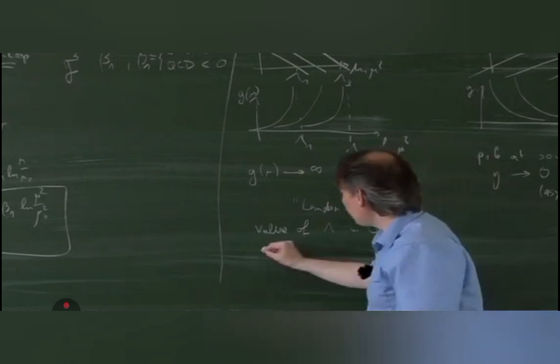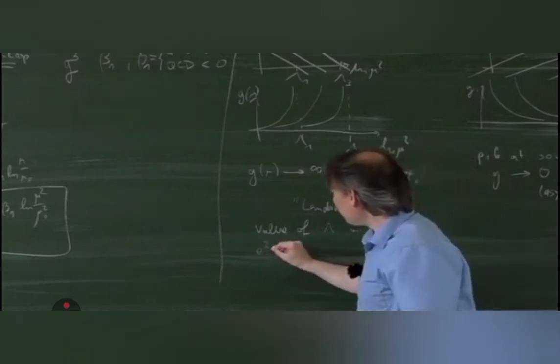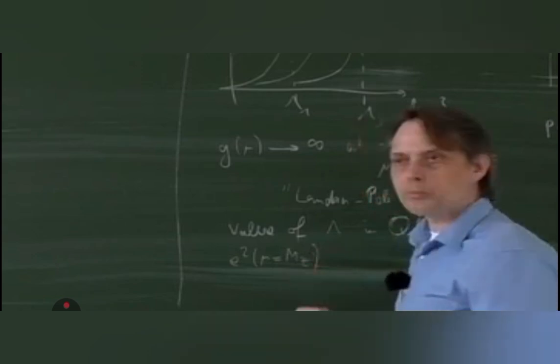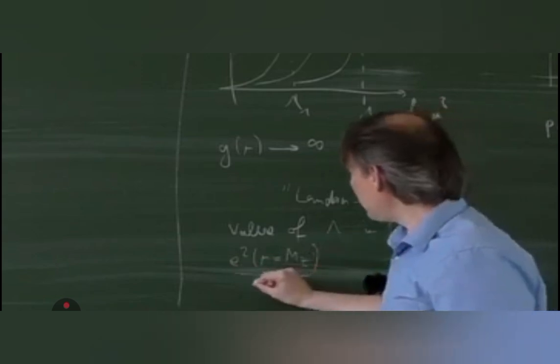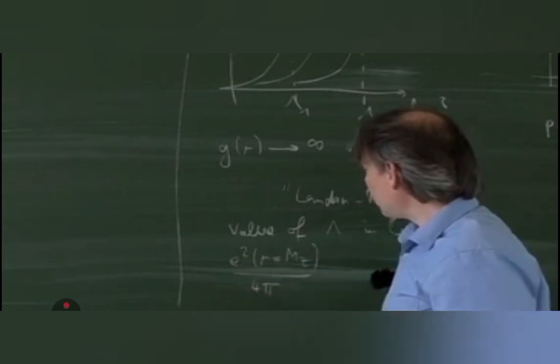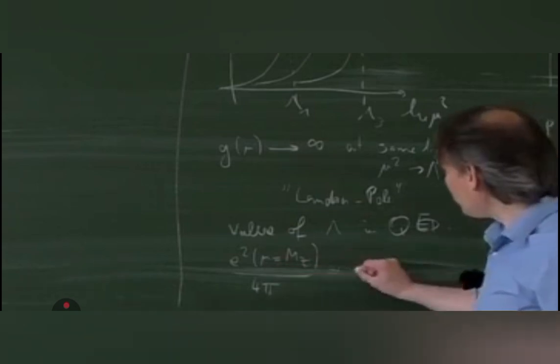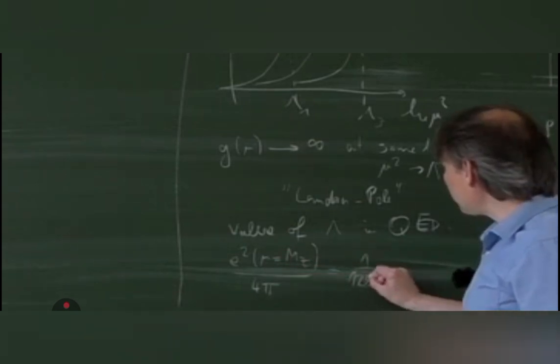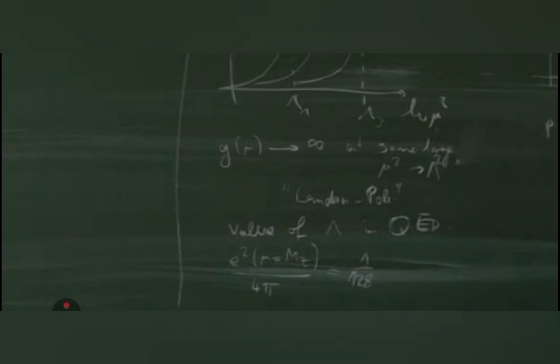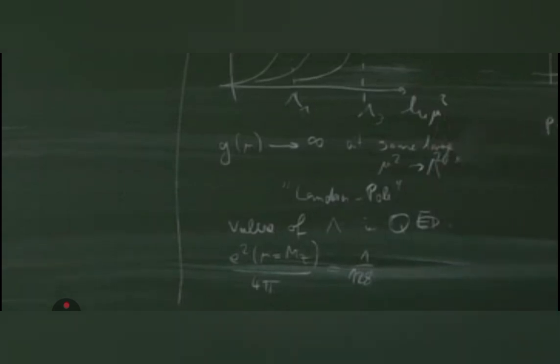So what we know is E square at the scale mu equal the Z boson mass. That has been measured, and it's often quoted as E square over 4 pi, which is the fine structure constant alpha. So here we have a running fine structure constant alpha, and that is approximately 1 over 128. This is our starting value.